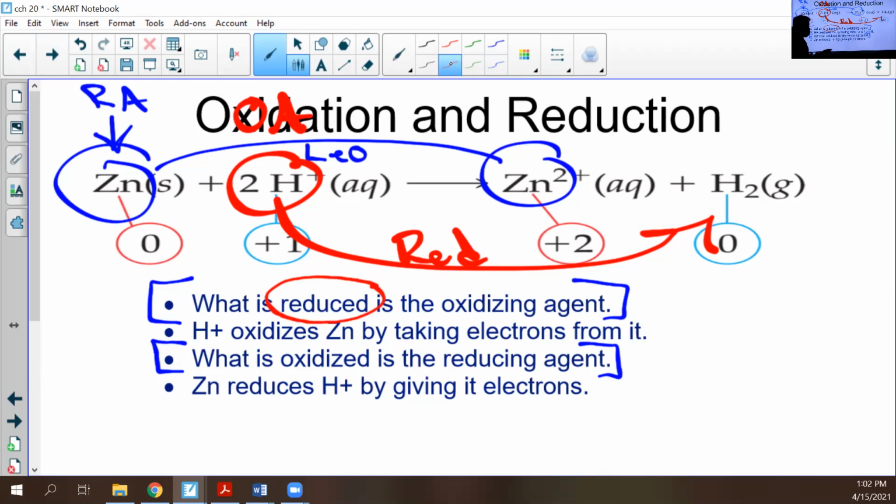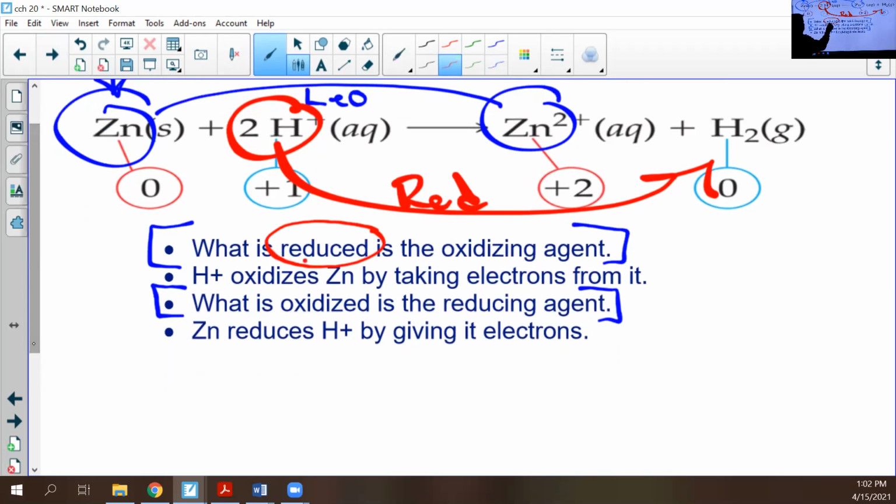What does reduced mean? It gained, right? It can't gain unless something has oxidized. So if you reduce it, it caused oxidation to happen. If you oxidize it, it caused reduction to happen. That means it was reduced.